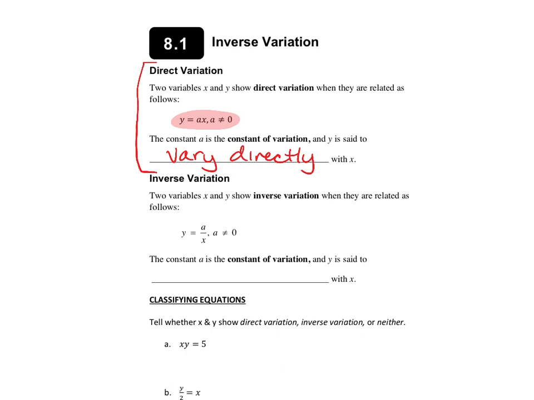So if you had a word problem that said y varies directly with x, you would take the y variable and divide it by x, because it varies directly. And the reason is that if you take this formula and solve it for a, we want to get a by itself.